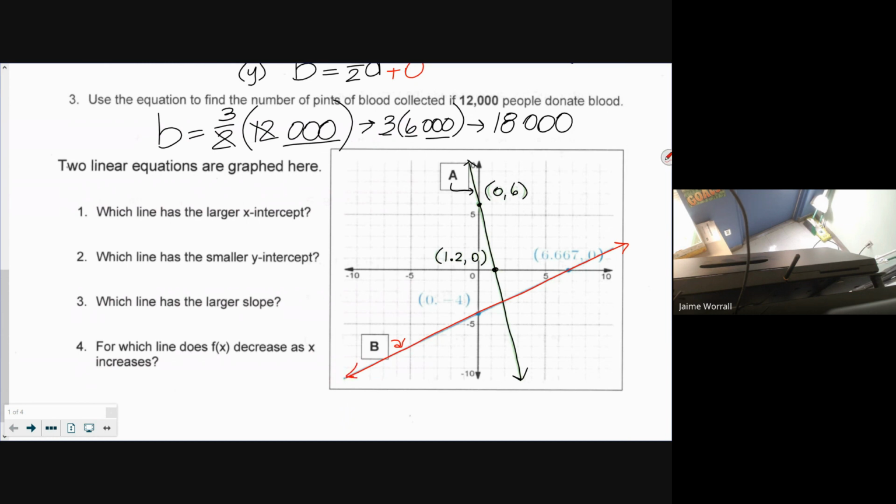And then your y-intercept for B is (0, -4). Your x-intercept is (6.667, 0). And now we can go compare stuff.